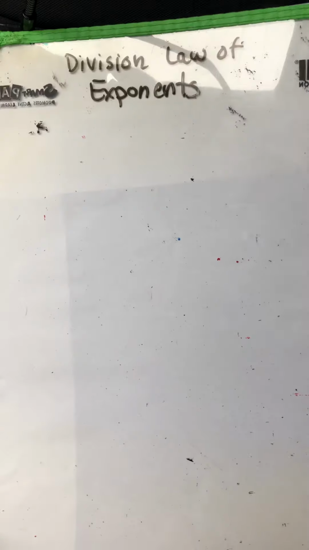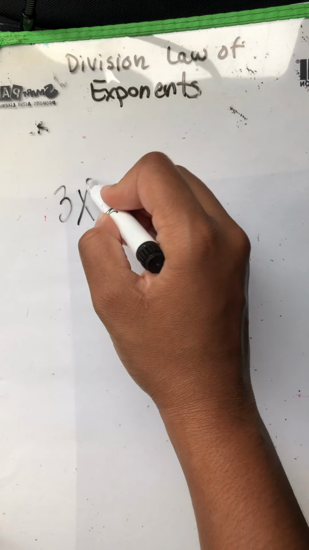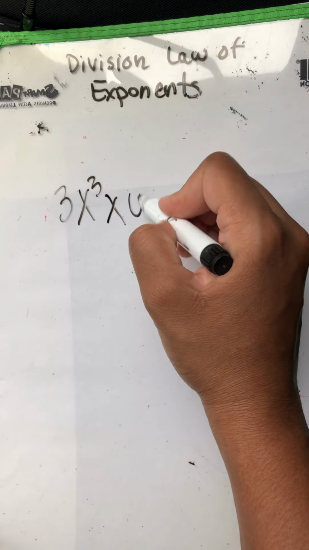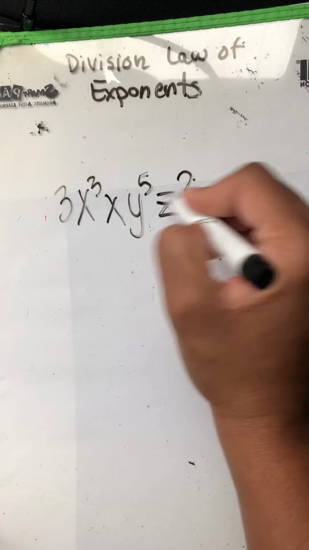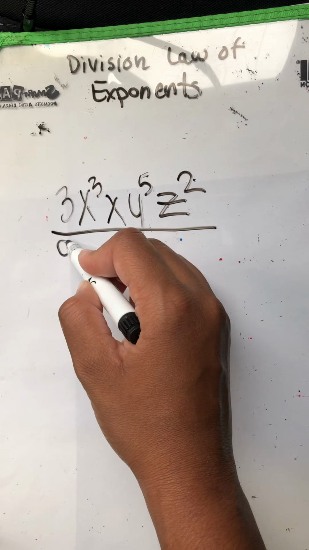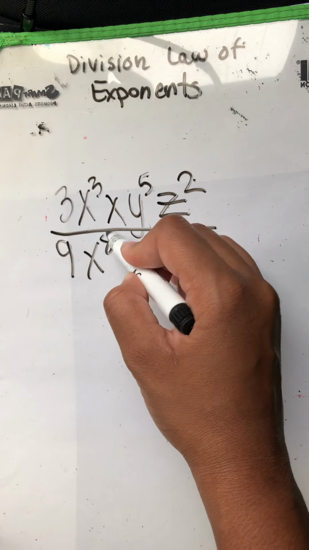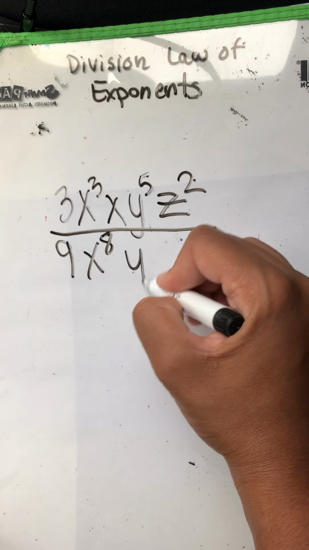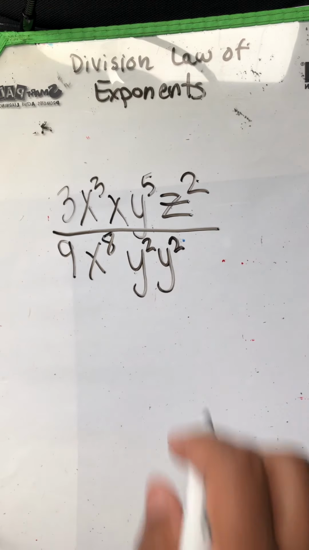So let's say I have 3x to the third, x, y to the fifth, z squared, all over 9x to the 8th, y squared.